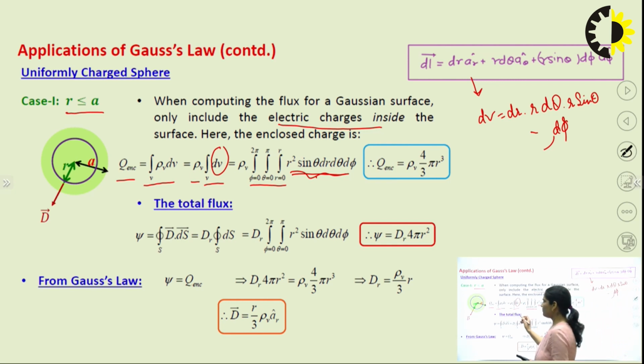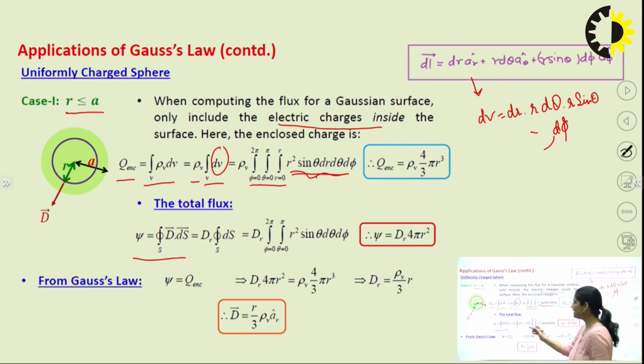Now the total flux on this surface is equal to what? The closed integral of D dot dS. Here you can take D outside this integration and put the value of dS. You can write dS as r squared sin theta d theta d phi, considering the unit vector of r.